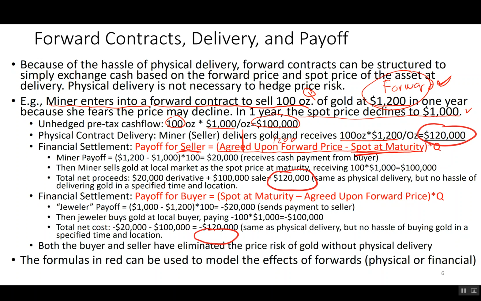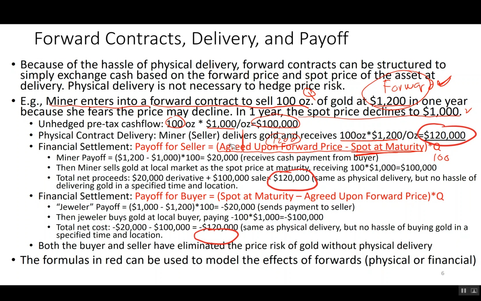You have to wait and see what it is, times a negotiated quantity, and we'll just negotiate 100, and we'll negotiate a forward price of $1,200. So now it's really a contract that exchanges cash, and the amount of cash is derived from the price of gold.